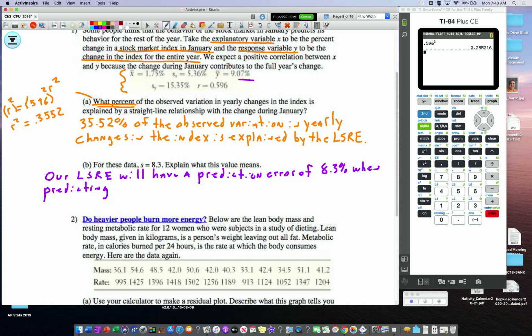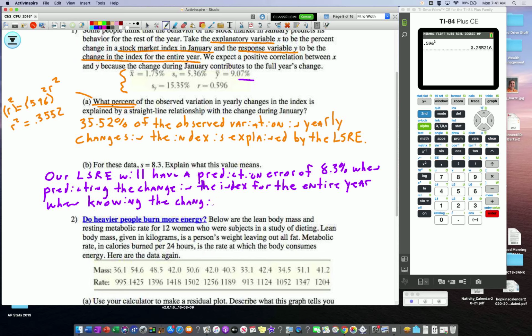I have to put the Y value in context, so we would say when predicting the change in the index for the entire year, when knowing the X value, which is the change in the index in January.